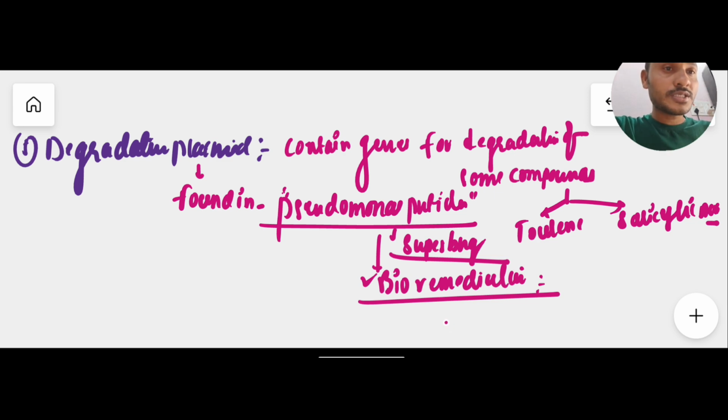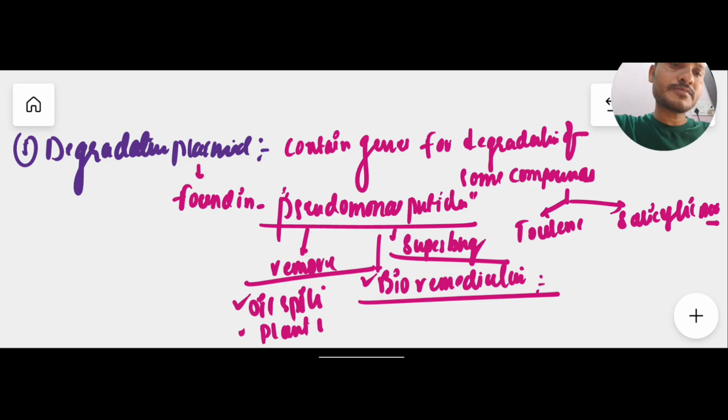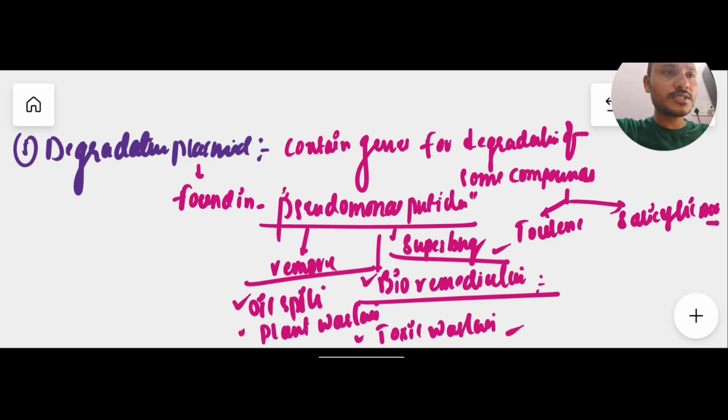It helps remove various compounds like oil spills, plant wastes, and toxic wastes. Hence Pseudomonas putida is known as a superbug, because of that degradative plasmid.